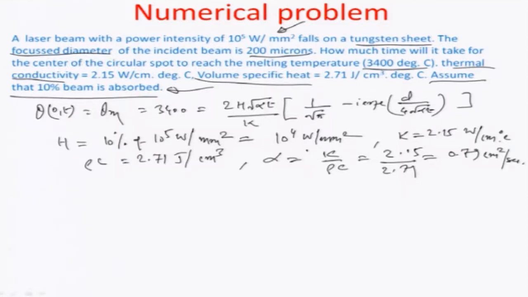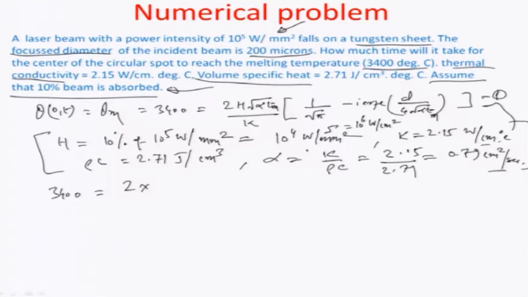So with all these parameters from the question, we try to plug these into equation 1 here and calculate the value of the time of machining T, which is involved at several places in this equation, as you can see. So we get 3400 equals twice times, if we just prefer converting this into watts per centimeter square, this comes out to be equal to 10 to the power of 6 watts per centimeter square, because everything else has to be consistent.